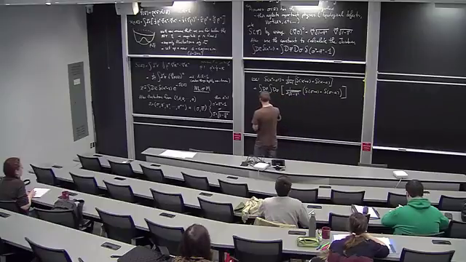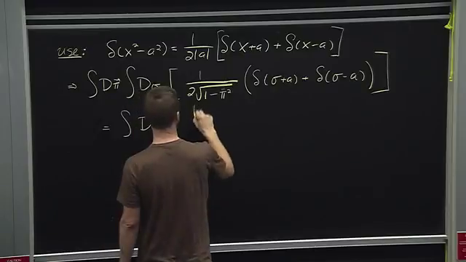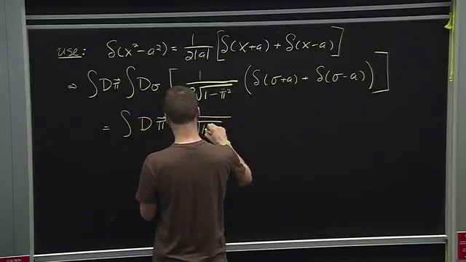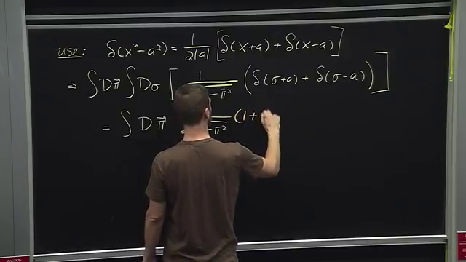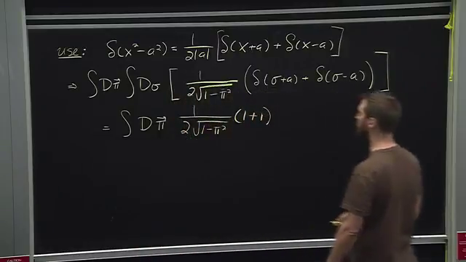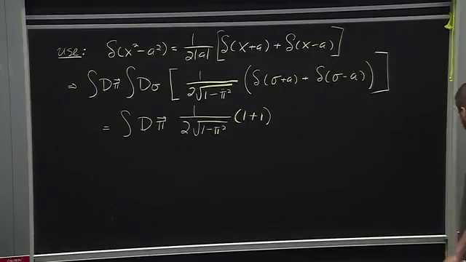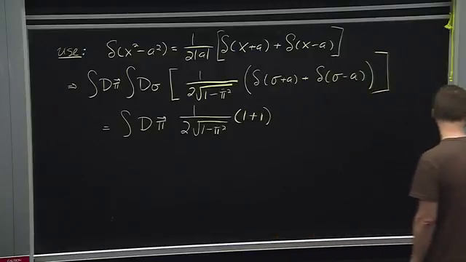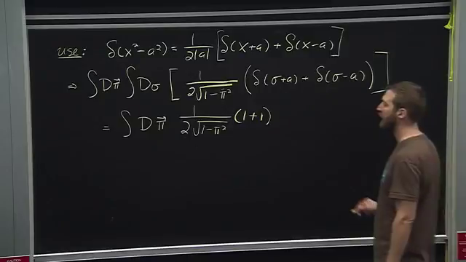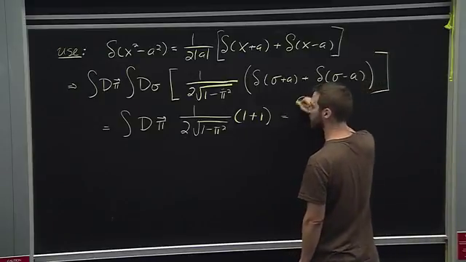So you can see how it'll give you something like 1 over 2. Oh yeah, and 1 for each of these, 1 plus 1, which gets rid of that factor of 2 there. Right, and further I can write this functional integral explicitly.